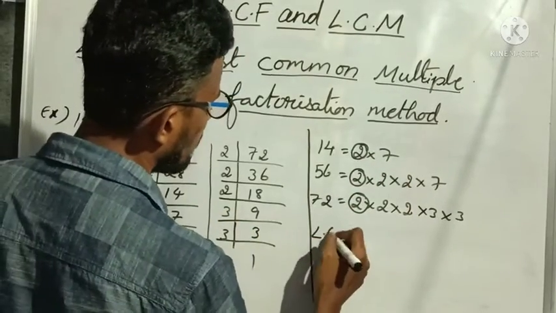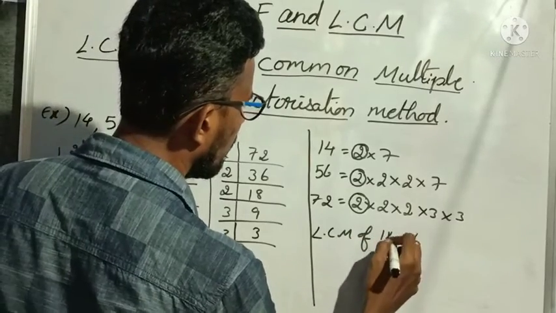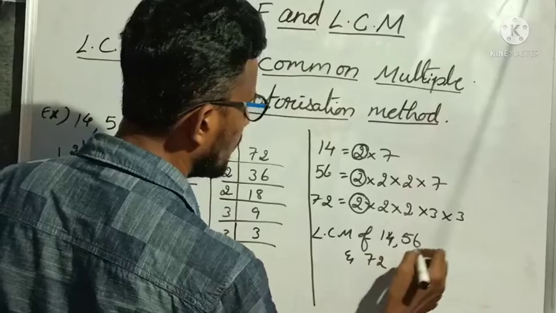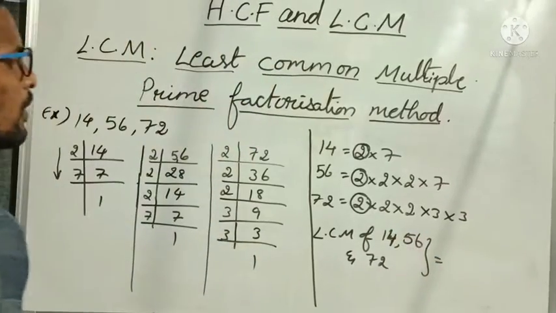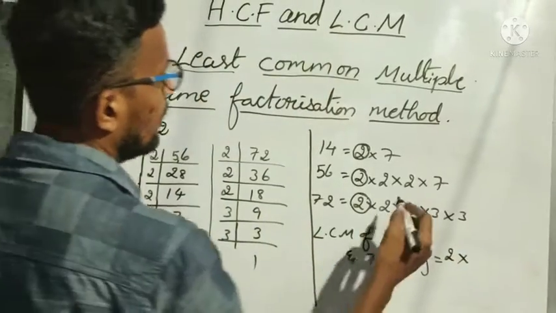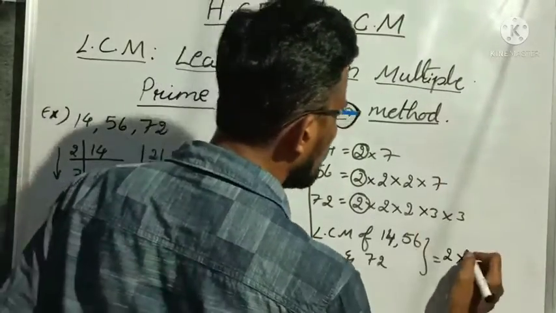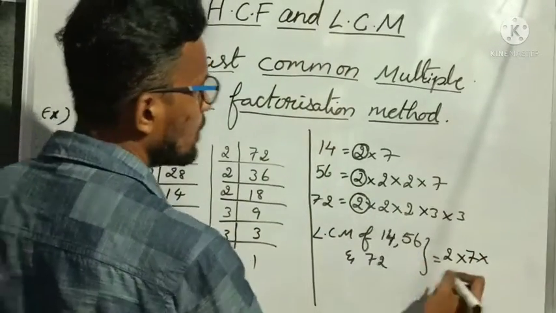Okay. So first, the LCM of 14, 56 and 72 is equal to. So the common number is 2. Again I am getting 7 also common in 2 numbers. So I can write 7 one time. Again 2 also I am getting 2 times common, right?